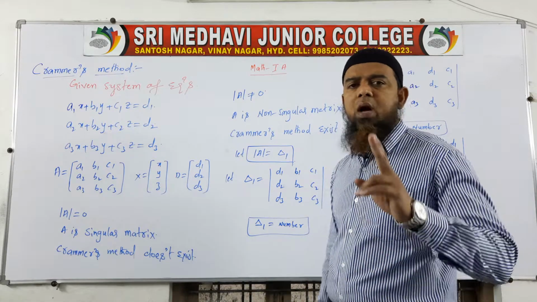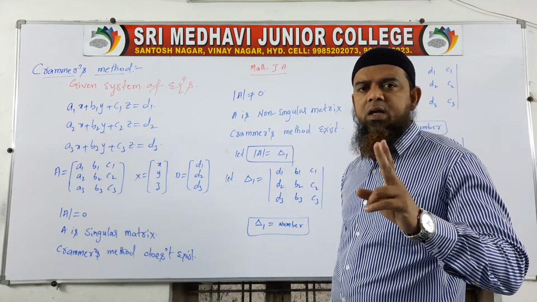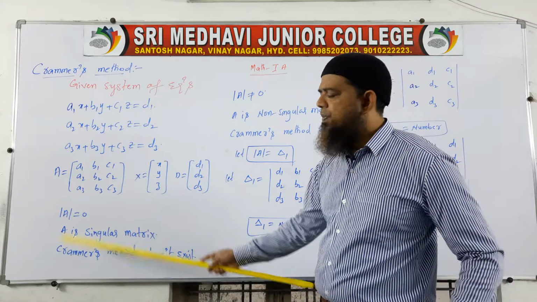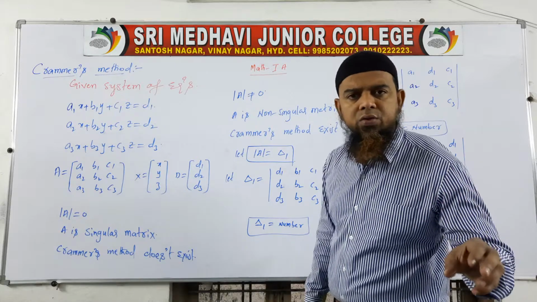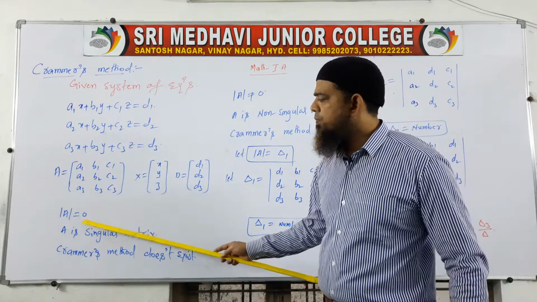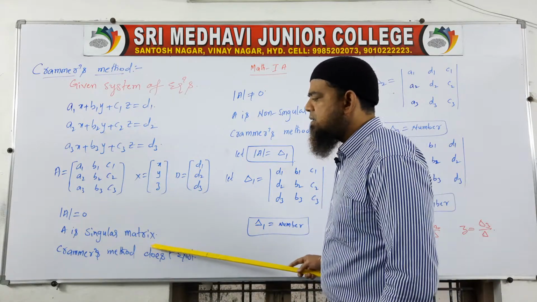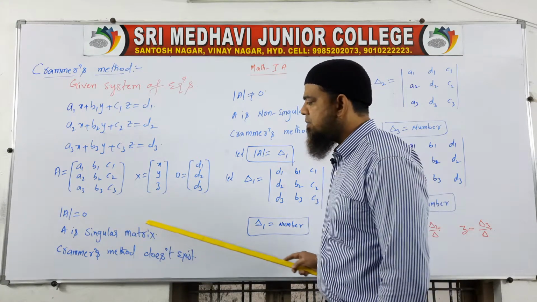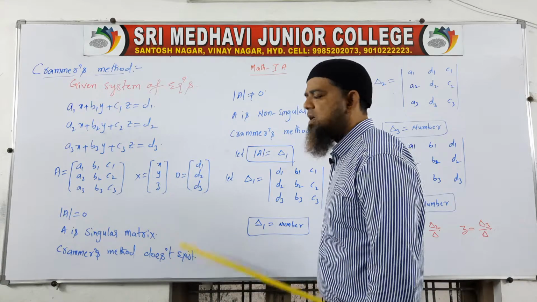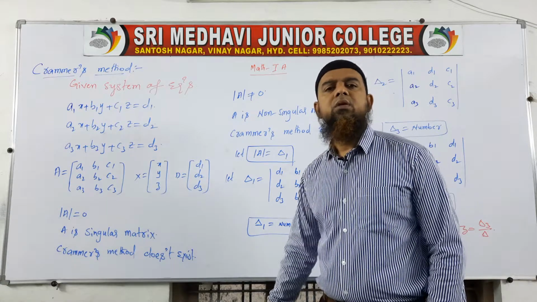We have 2 options after finding the determinant. Sometimes you get a number, sometimes you get 0. If you get 0, what do we have to write? A is a singular matrix. Whenever A is a singular matrix, Cramer's method does not exist, so the problem is over.